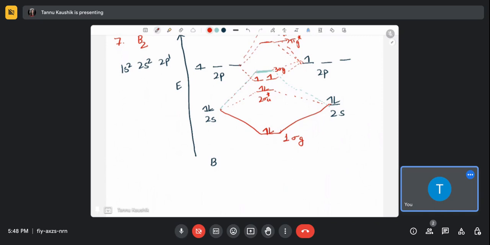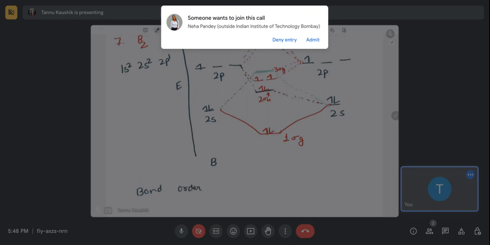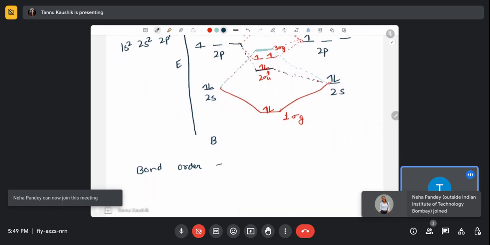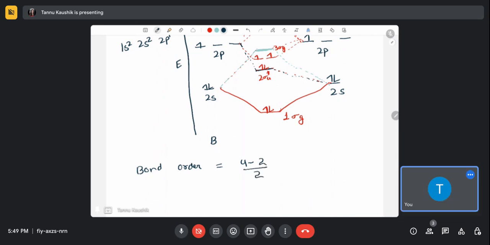So now the bond order is 2 minus 0 by 2, equal to 1.